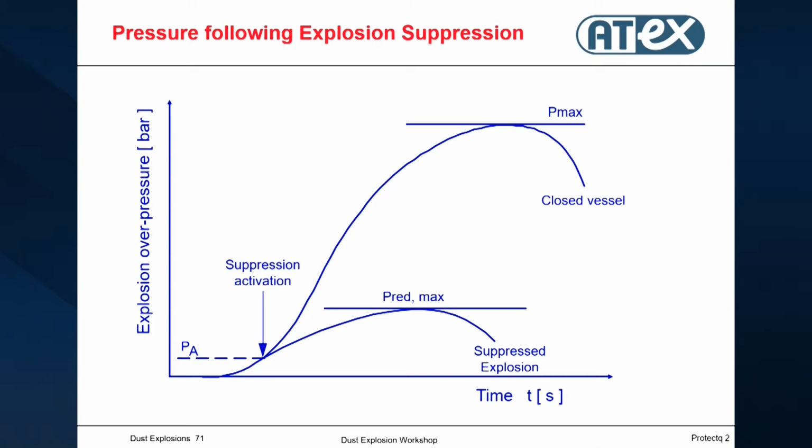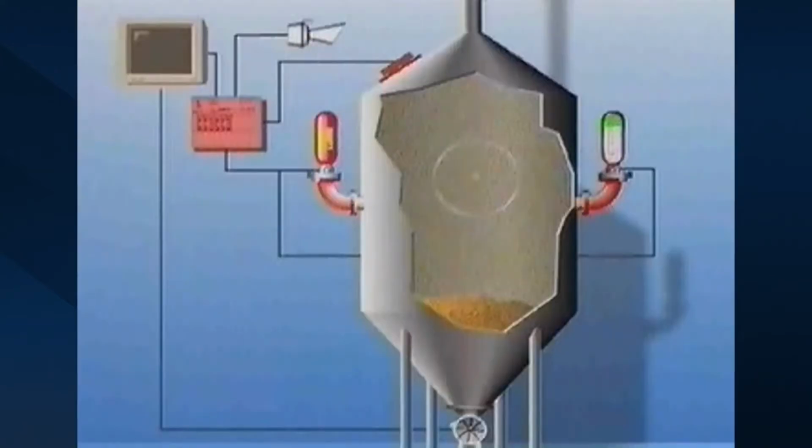Instead of getting the full explosion pressure we get a so-called P-RED, the reduced explosion pressure. That can be calculated, and then we try to stay below the vessel strength.